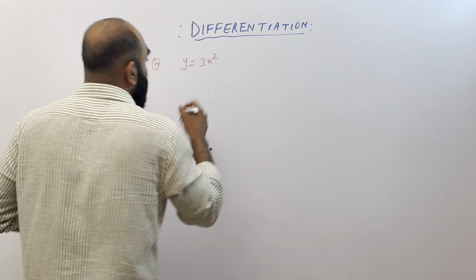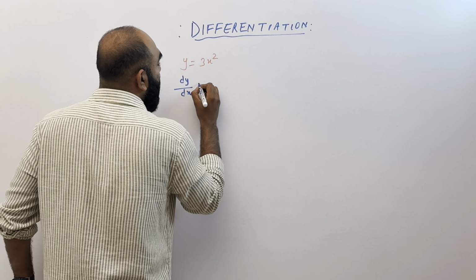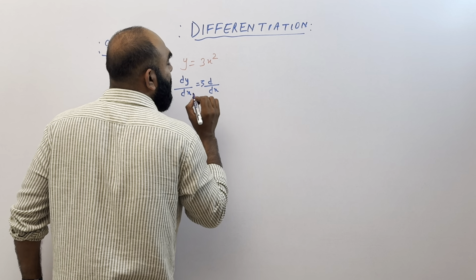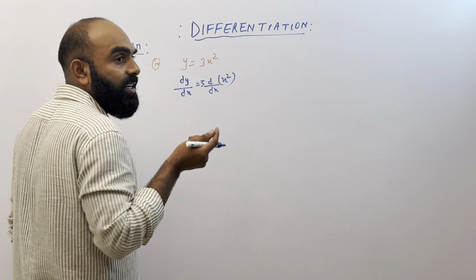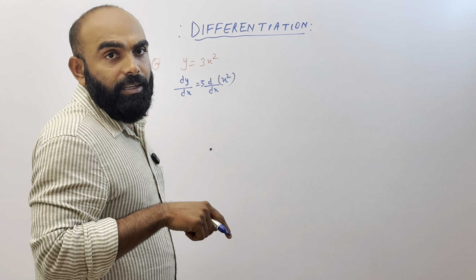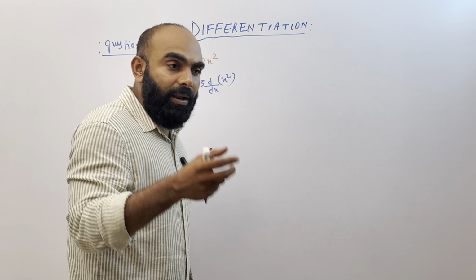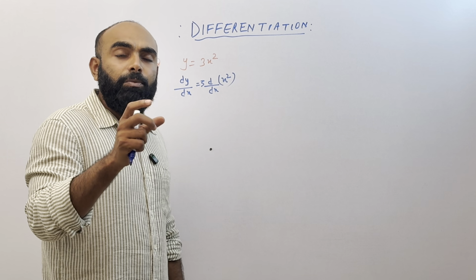Means if you are interested in finding dy by dx, I will write d by dx, taking the 3 outside, of x square. What I said: if a constant is multiplied with the variable. But if there is a plus or minus, then differentiation d by dx will be distributed.